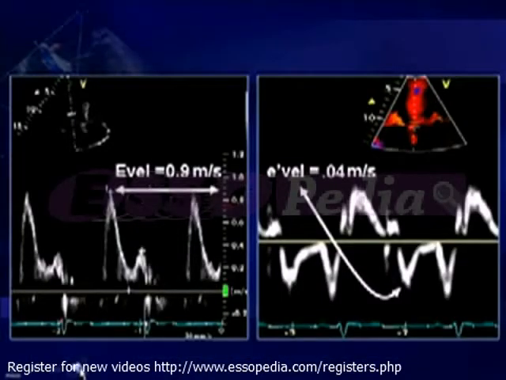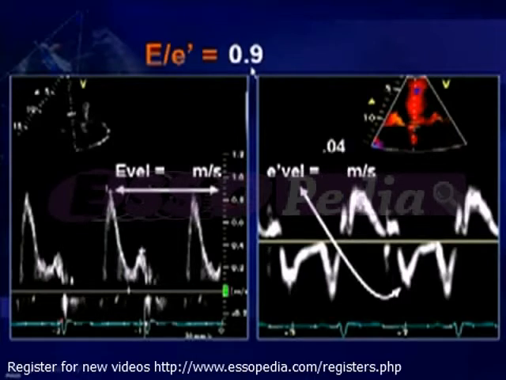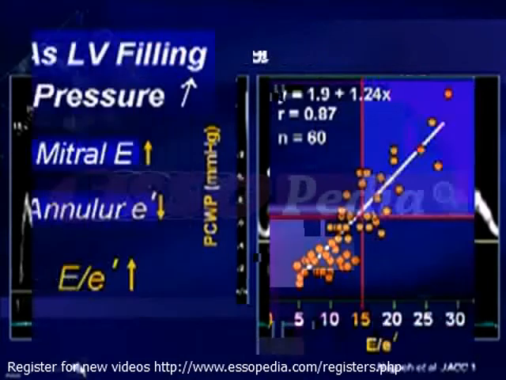Therefore, one may think to look at the amplitude of the mitral E wave velocity in relationship to the amplitude of the E' velocity, giving us the so-called E over E' ratio, where we take the 0.09 divided by 0.04, giving us a value of 22, where in essence the E' velocities are being used to correct for the effect of LV relaxation on the mitral E wave velocity.